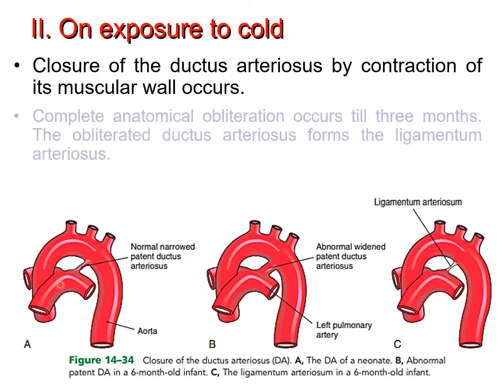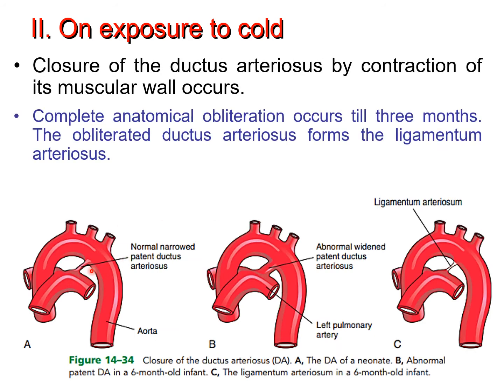So this is the ductus arteriosus, which we have talked about. The reversal in the ductus arteriosus takes place, with blood passing from the aorta to the pulmonary trunk.